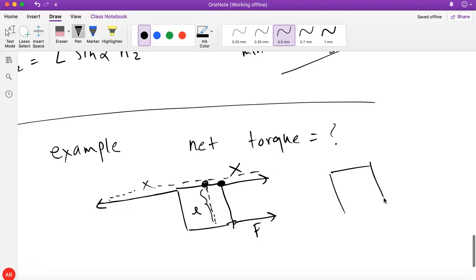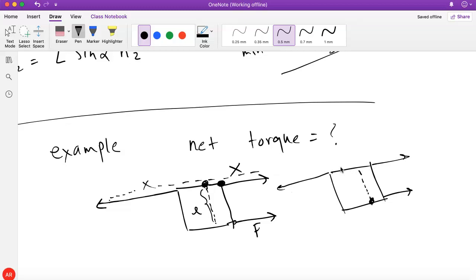If I didn't notice this, maybe I pick a point here as my axis. Again, now we have two forces, so this will not give a torque, this will give a torque. This will give twice that torque, because the line I draw from the axis to the line where these forces are has the same length for both of them.